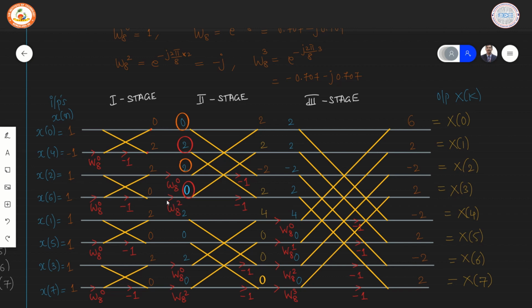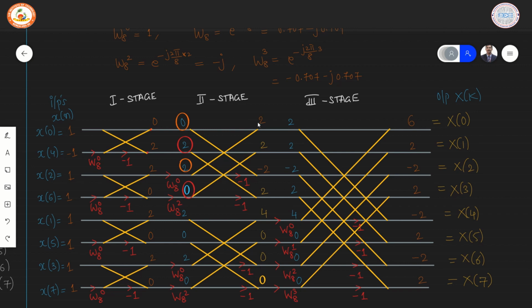Now here we have to multiply by w8 to the power of 2, which is minus j, but 0 multiplied with minus j gives the same value, which is 0. Further, no scaling here, no scaling here, and no scaling here because w8 to the power of 0 is 1. In the last one, we have to scale by minus j, but the value is already 0, hence the product is 0.